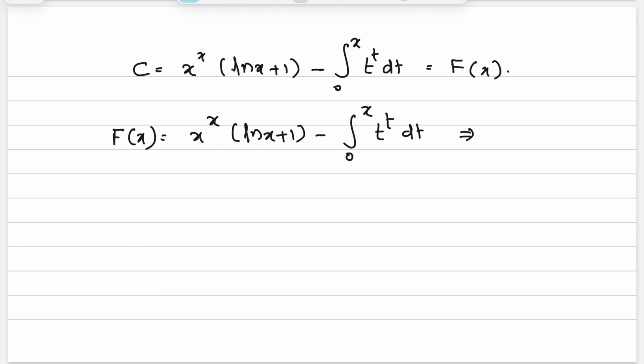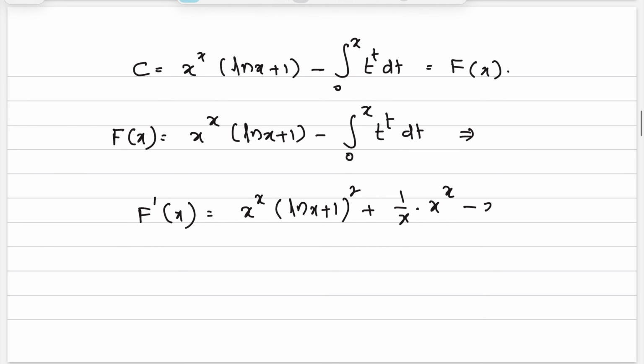When you differentiate on both sides, you will get f dash x is equal to x to the power of x into ln x plus 1 whole square plus 1 by x into x to the power of x minus x to the power of x.